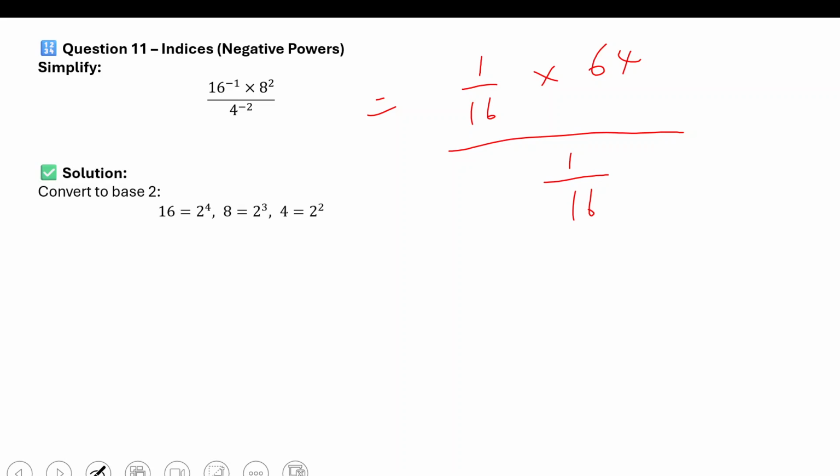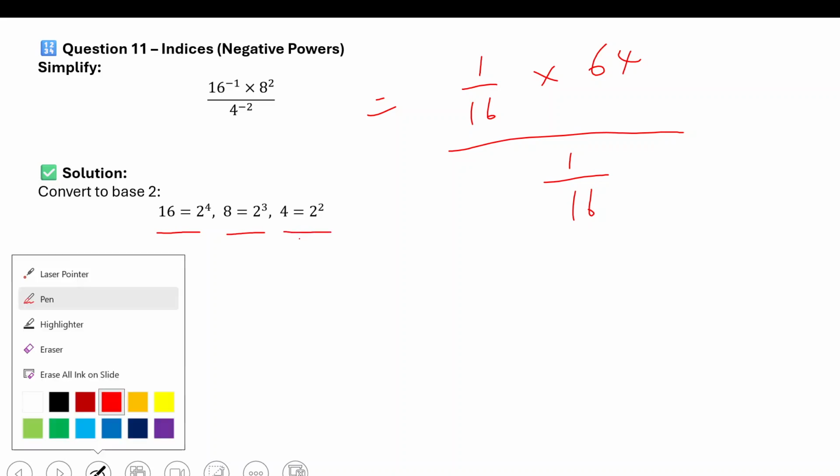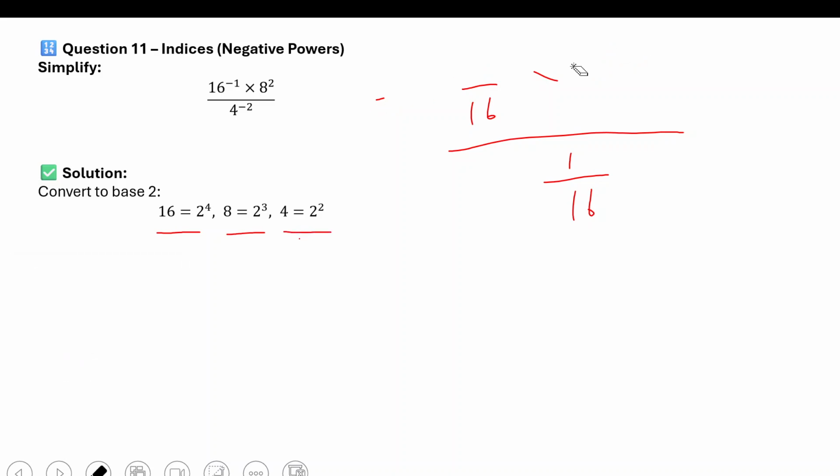But we are going through the route of the powers. 16 is 2 raised to the power 4, 8 is 2 raised to the power 3, and 4 is 2 raised to the power 2, right? Let me take this off so that we can solve it using indices methods.